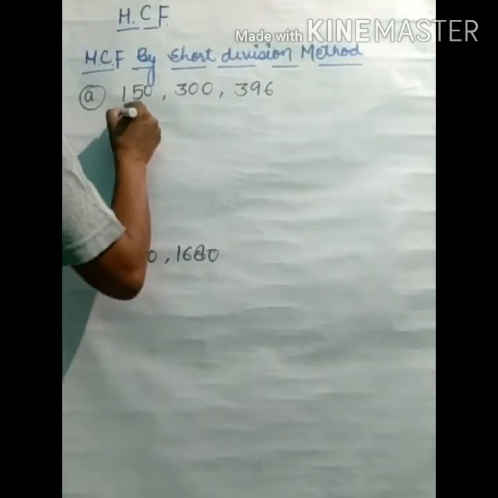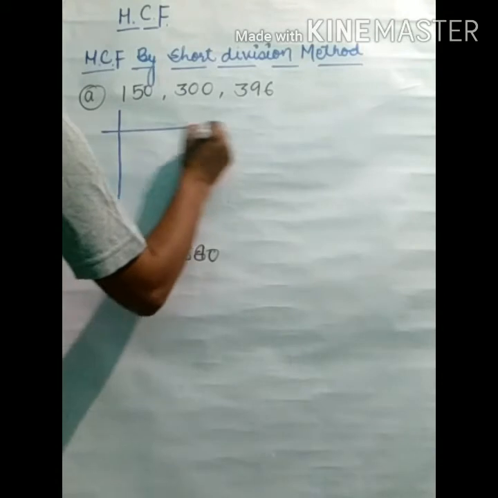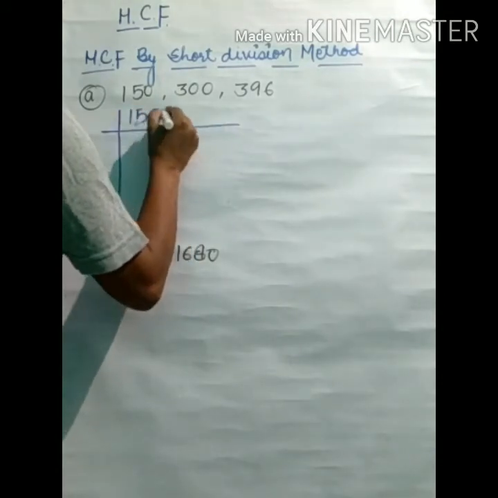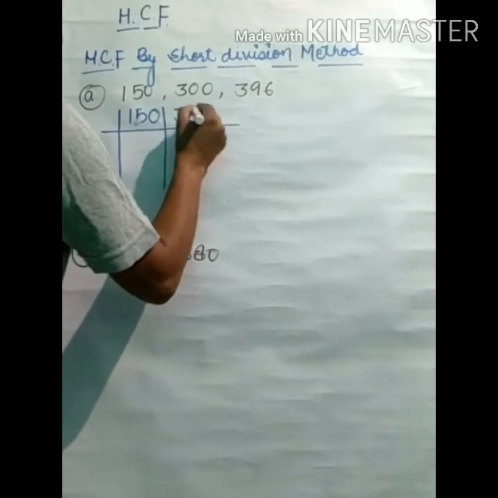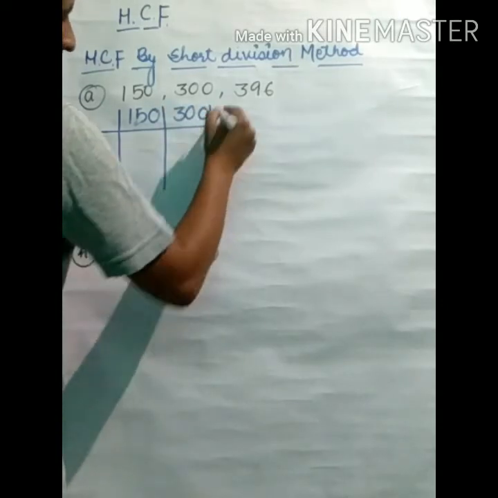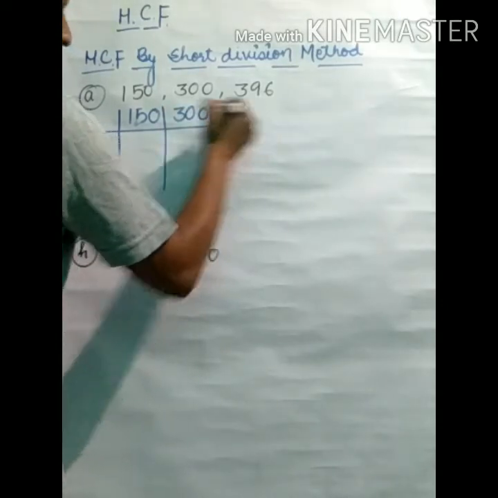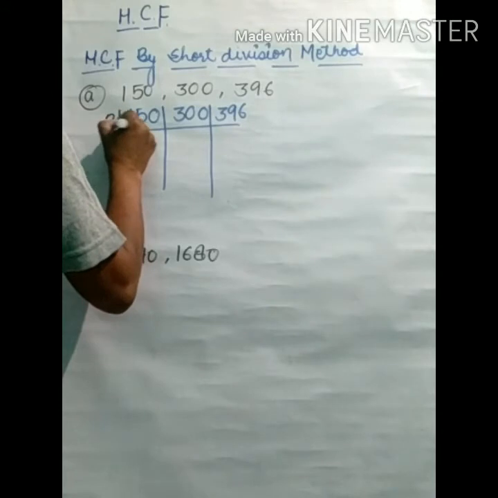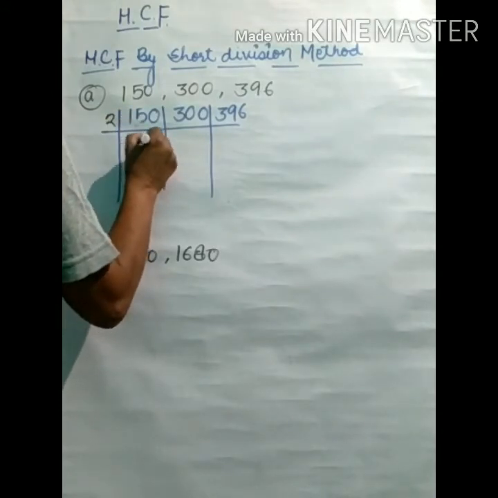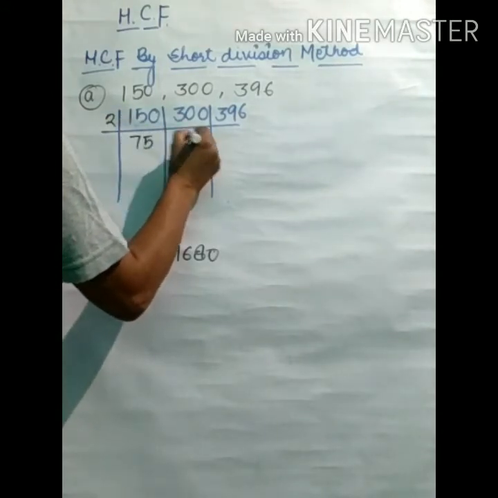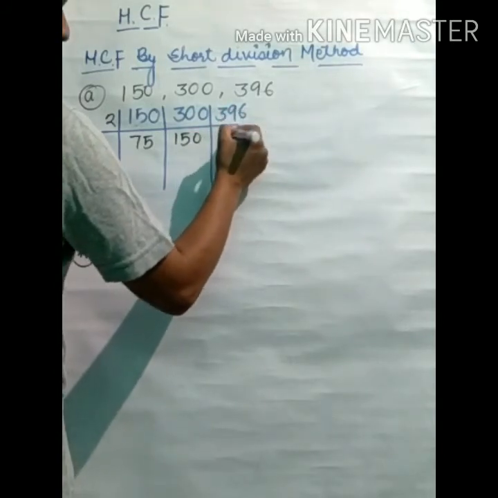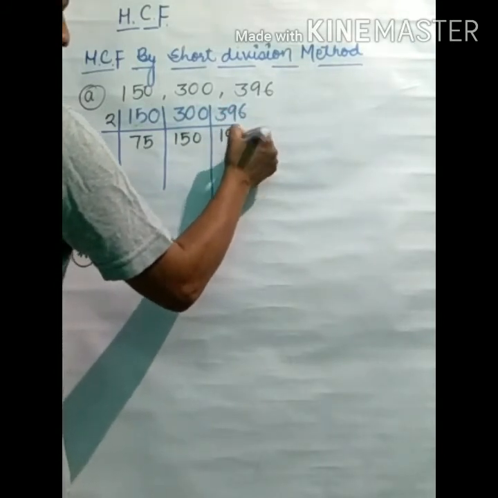In this, you will write the numbers together and divide them together. How to do it? You have to see such a number which can divide all 3. Now it is divided by 2: 150, and here it comes 21, 29, 28 and so on.